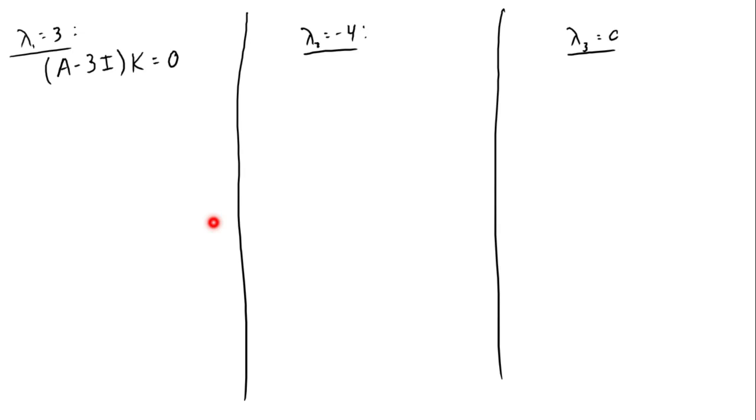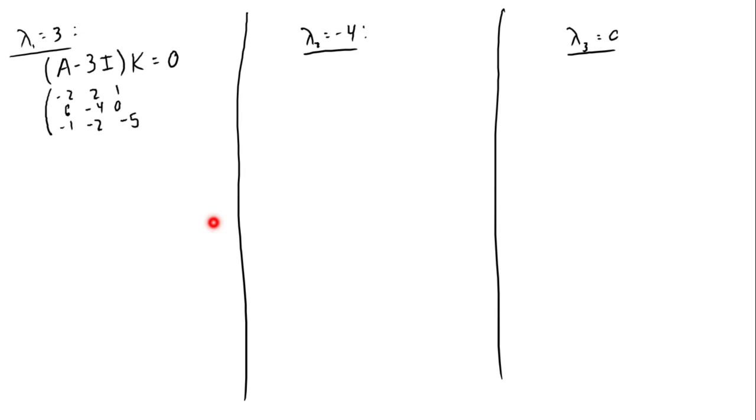Let's figure out what A minus 3I is equal to. Now remember, A minus 3I means subtract 3 from each part of the main diagonal, and don't do anything to the rest of it. So the result is going to give me -2, 2, 1, 6, -4, 0, -1, -2, -4.